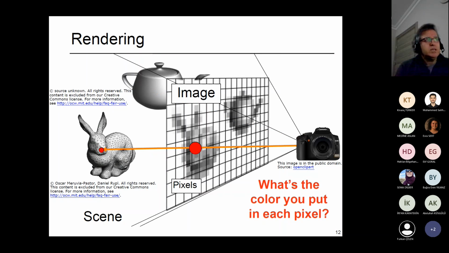Once we have this ray hitting this object, we are going to decide what color to put for each pixel. So the color is going to come from here. Perhaps we also need to see if I have a light in the scene, and what the lighting is going to be as well.